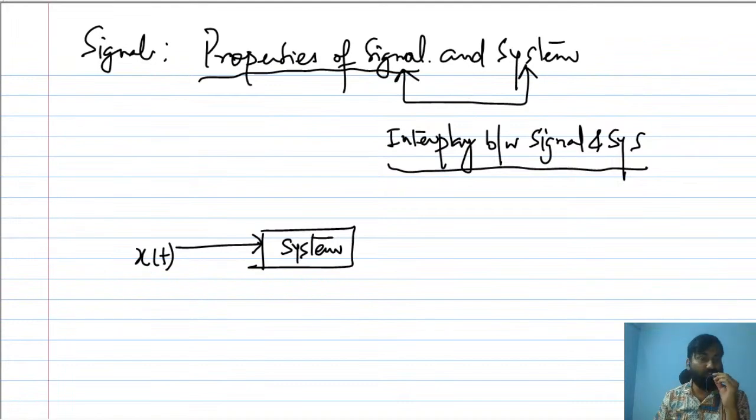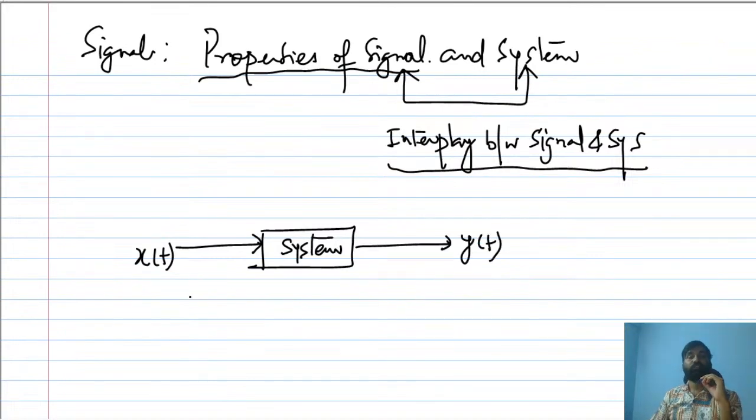What is the meaning of signal? Signal is basically a function, you can say some variation. As we move ahead, we will define what a signal is. But suppose we are giving some input to the system, and it will give you some output. So if the input and the system are given, this is a problem of analysis.